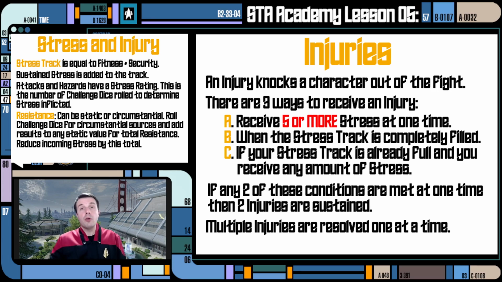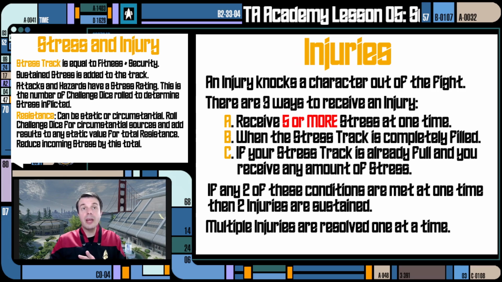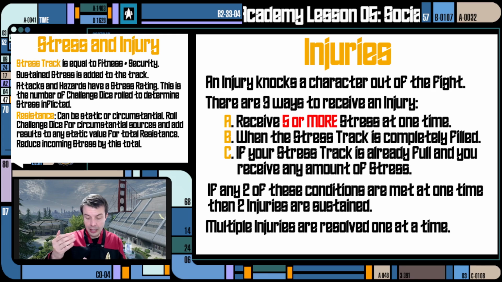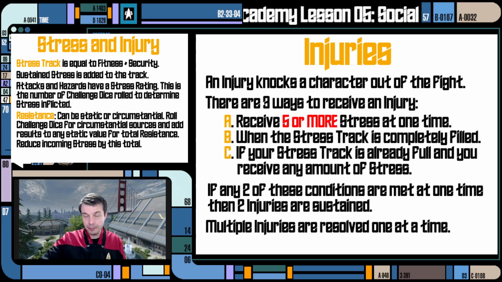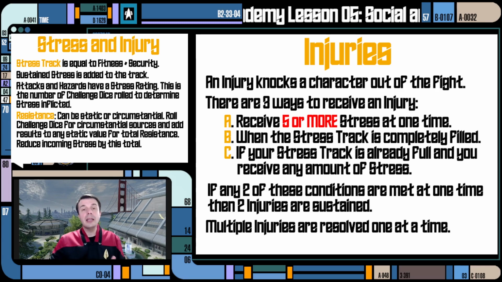So, for example, if any 2 of those conditions are met at the same time, it will trigger 2 injuries. And they resolve 1 at a time. That will be important. I'll explain that in a moment. So let's just take a look at it.